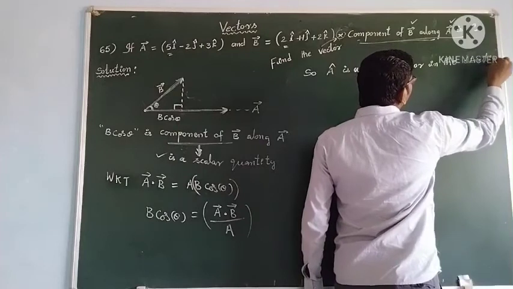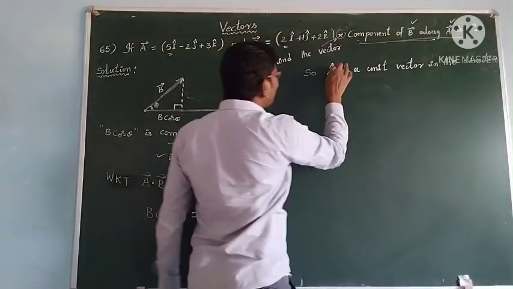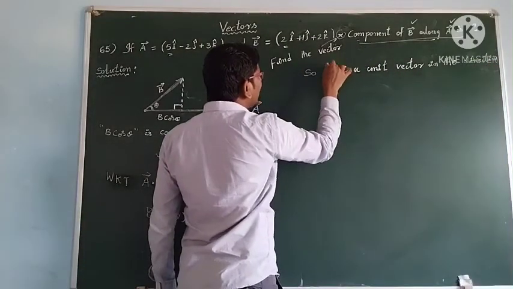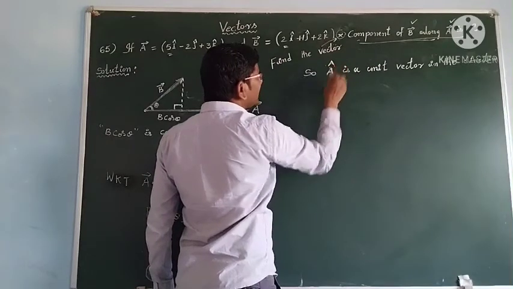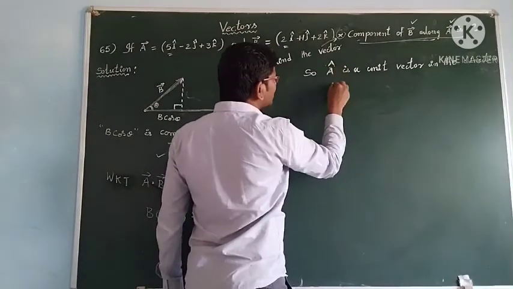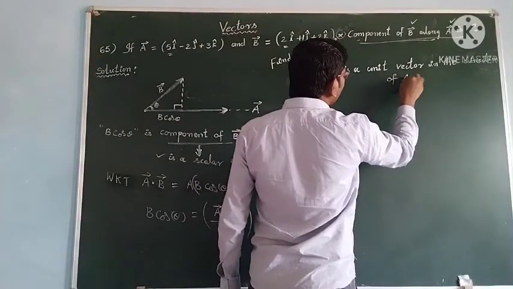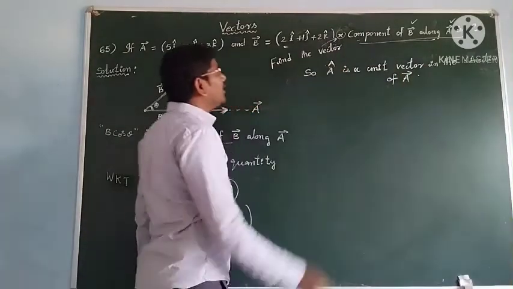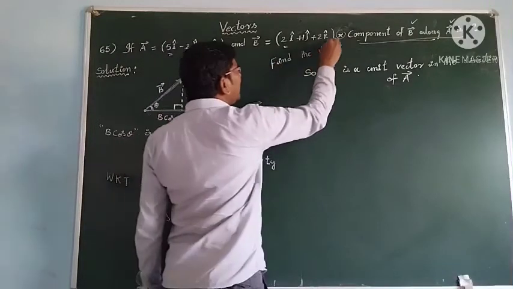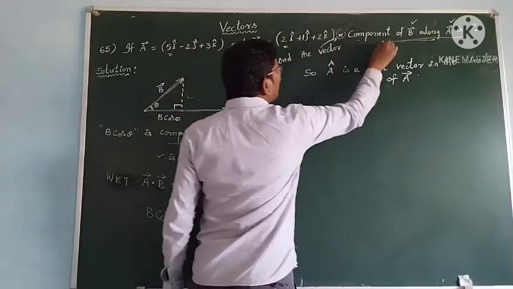This is called A cap. It is a unit vector in the direction of A bar. So fine. Now what is the question, students? Find the vector component of B bar.